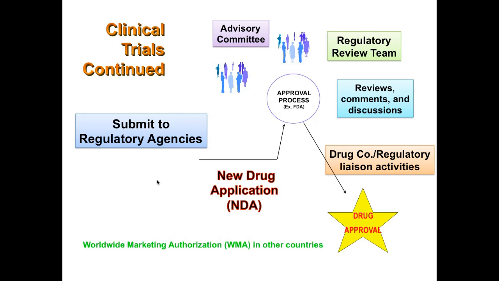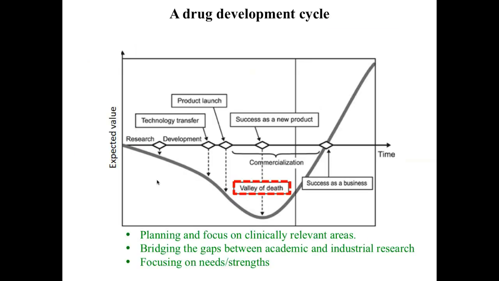So this is a very, very complicated cycle. The drug development cycle, as somebody has put it, has the research component and, on the x-axis, time, and from the extreme left to the bottom of the curve it will be around 12 to 14, 15 years.